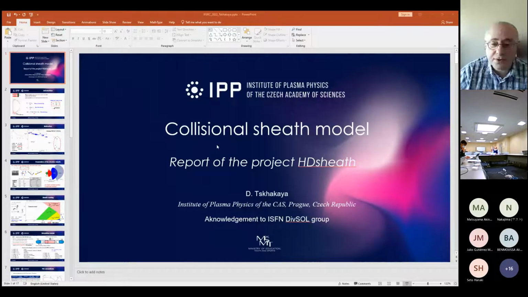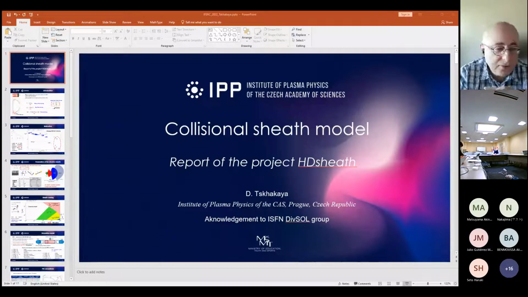I will speak about the collisional sheath model, which was developed based on the simulations performed under the IFERC project. I want to acknowledge support by ISFN, the ITER Scientific Fellow Network, this whole group, with whom we had very useful discussions.